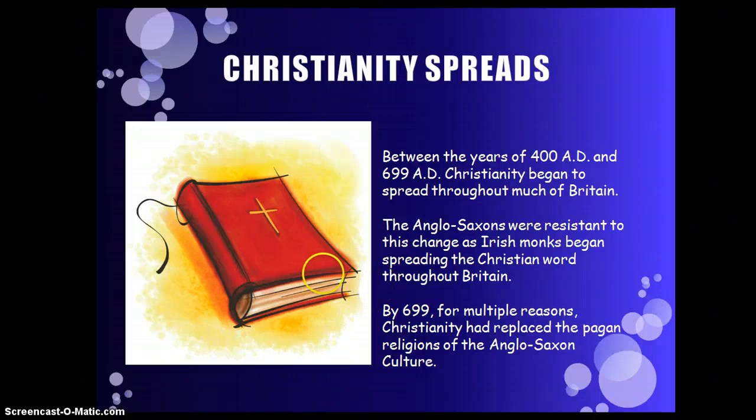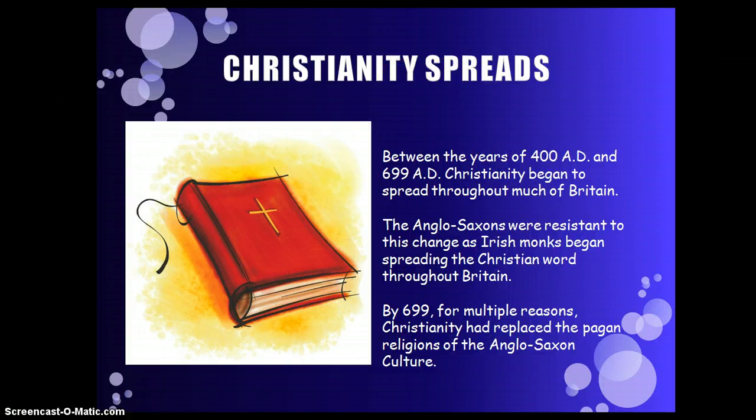One of the other things we'll talk about is religion as we look at the Anglo-Saxons. Initially, they were pagans, and they believed in the concept of animism, which was discussed on the first slide there. But what happens in about a 300-year period is that Christianity spreads. And we're going to talk about why and how that happened.